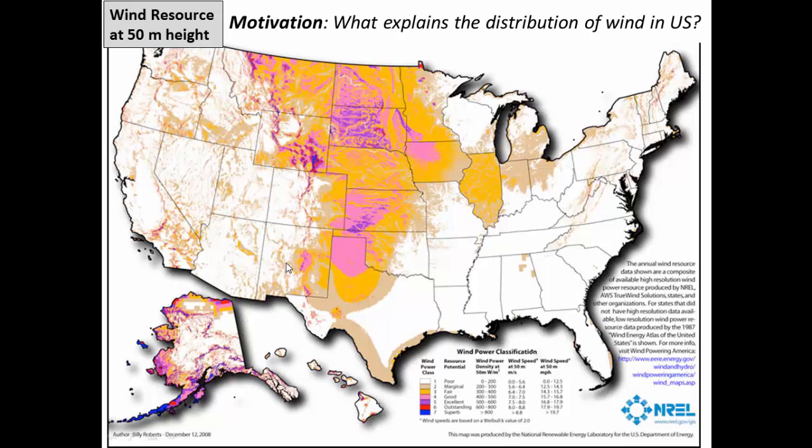But then we also see bands of wind in other places that are really associated with topography, like mountain ridgelines in California and also mountain ridgelines in New England. So we're going to look at what causes these differences in wind potential and average wind speed.